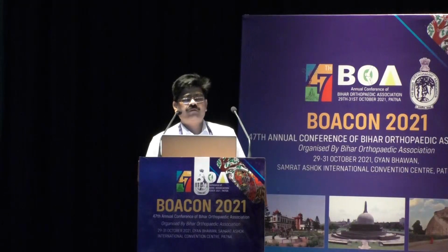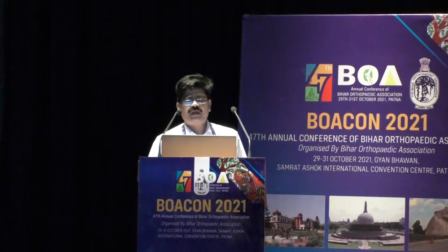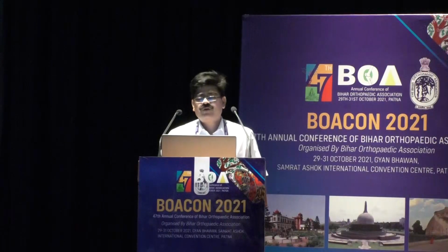Now comparative evidence. ALIF versus TLIF: more or less, these are similar, whereas in ALIF vascular injury is a little more common, and in the case of TLIF, dural injury is more common.